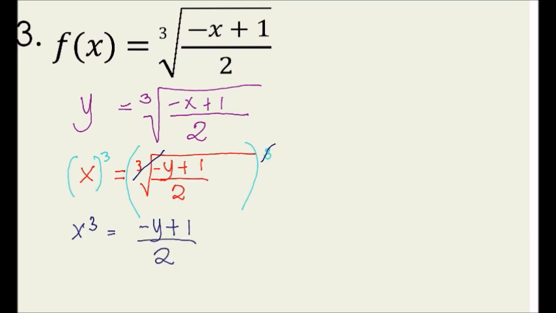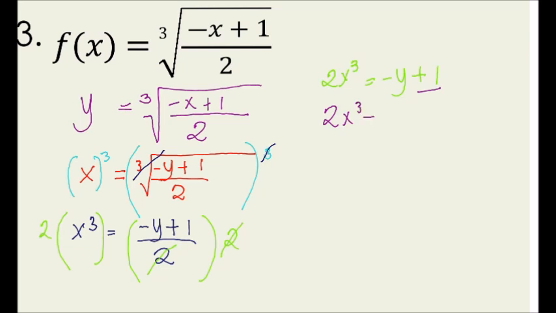Next, we want to get rid of 2 here. So we multiply both sides with 2. Doing that, we cancel 2 there. We will have 2x cubed equals negative y plus 1. Next, we want to get rid of 1 there, so we can subtract 1 on both sides, or we simply say we're going to transpose.